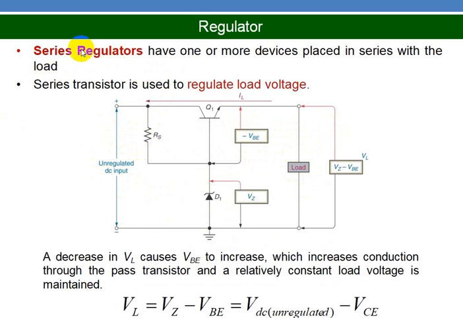So here we have series and shunt regulators. This is a series regulator. In a series regulator, the control element is placed in series with the load. So the transistor is the element. Series regulators have one or more devices placed in series with the load. The series transistor is used to regulate load voltage.